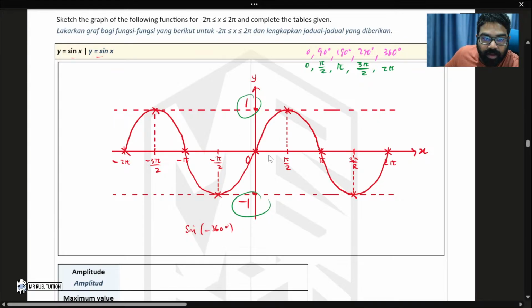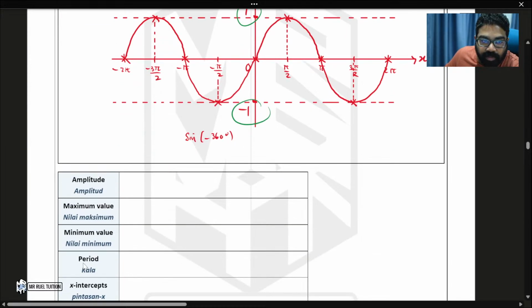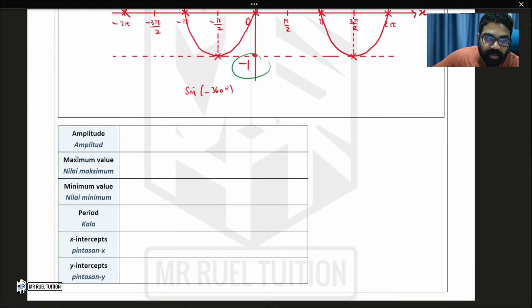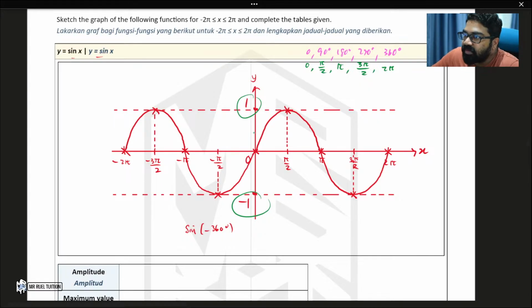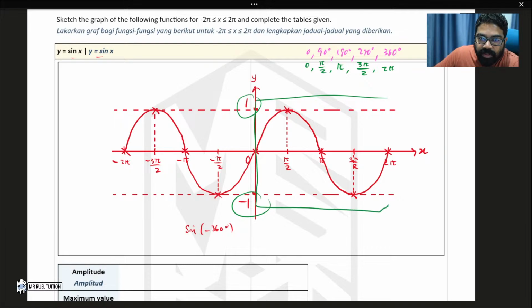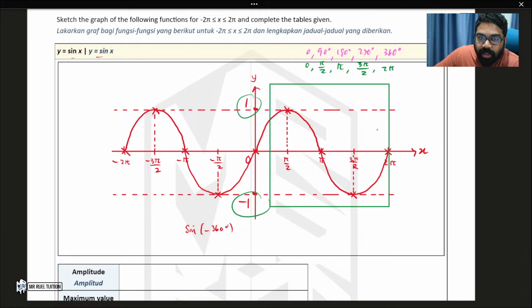Okay, now the period. What is a period, class? One period is one complete cycle. Where do we get one complete cycle? You see the shape repeating. The same thing will repeat again and again. So where is the part that repeats? That is the complete cycle. This shape repeats.